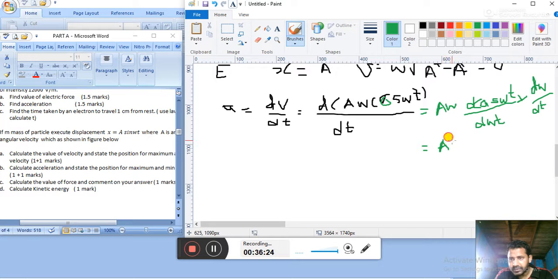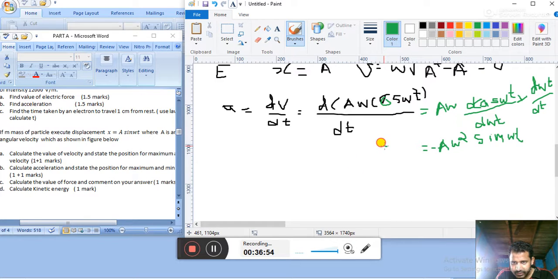The derivative of cos gives a minus sign, so we get minus a omega sin omega t, and d omega t by dt is omega, so we get omega square.